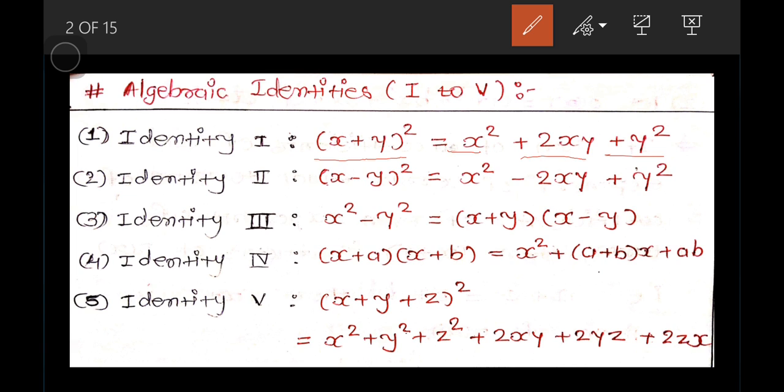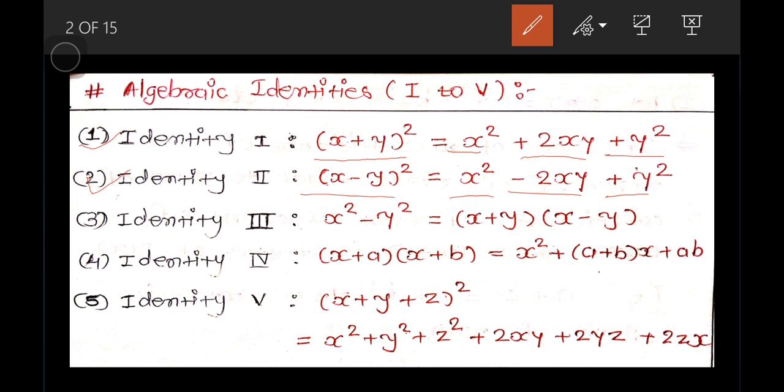Now the second identity: x minus y whole square is equal to x square minus 2xy plus y square.